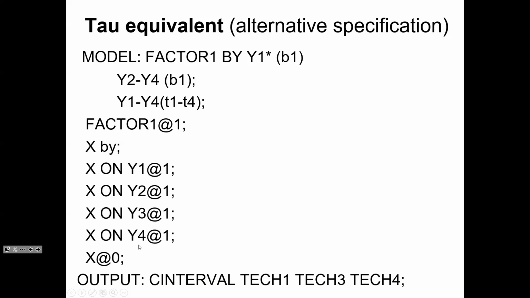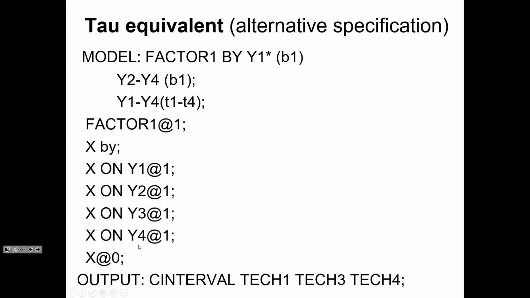But because there's no semicolon, it's saying factor 1 by y1 star b1, y2 to y4. Do you see that? I should have put that all in one line so as not to confuse you. Just remember that Mplus thinks it's all one line unless you have a semicolon. That's why if you miss a semicolon, you mess Mplus up so much, because it just keeps reading that line and then it'll say there's no variable named whatever.